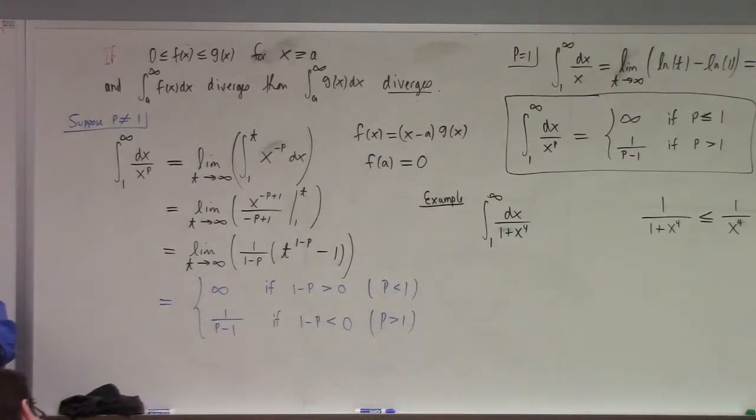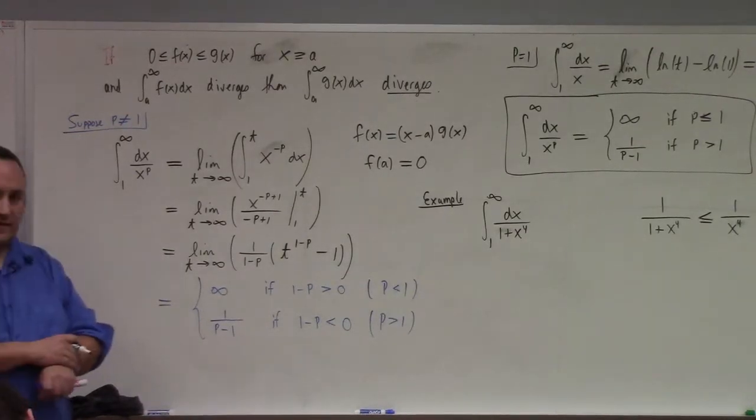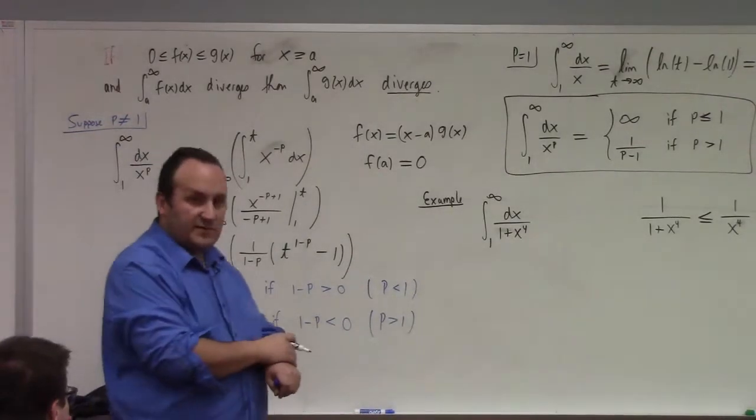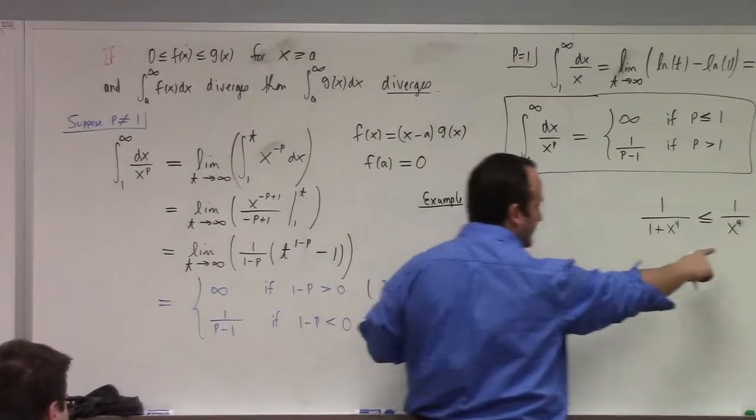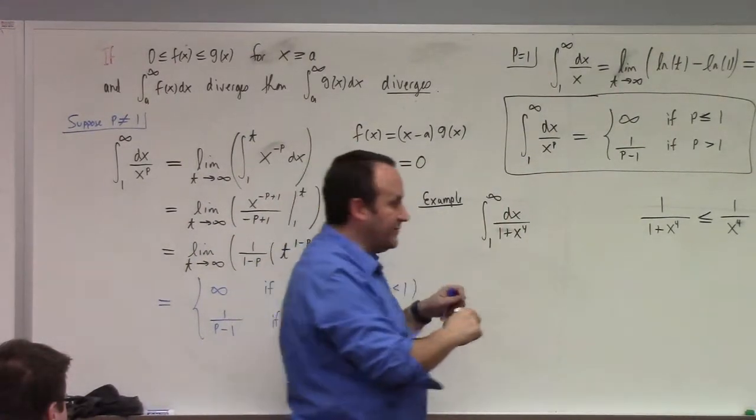It's not an easy topic, but this is the final thing in this section, to use the comparison theorem to determine convergence or divergence of integrals without actually calculating them. Instead, look for a function which is near to it. In this case, 1 over x to the fourth is larger than 1 over 1 plus x to the fourth.